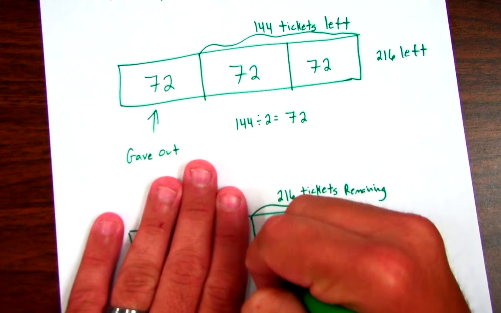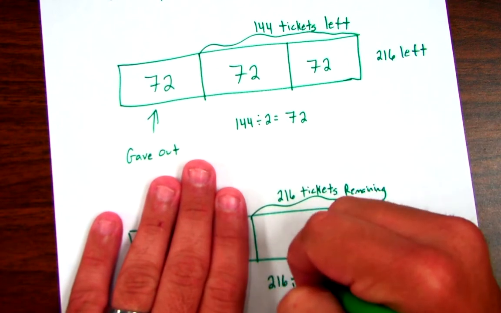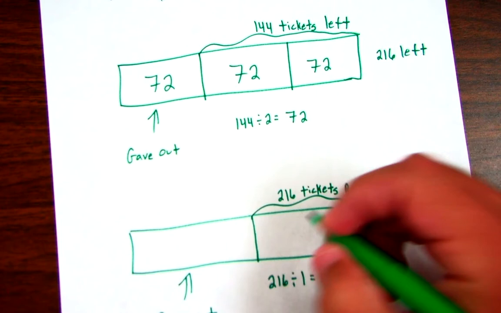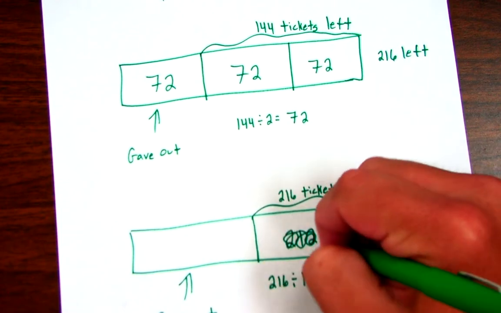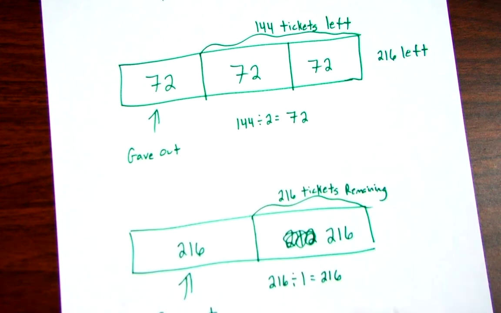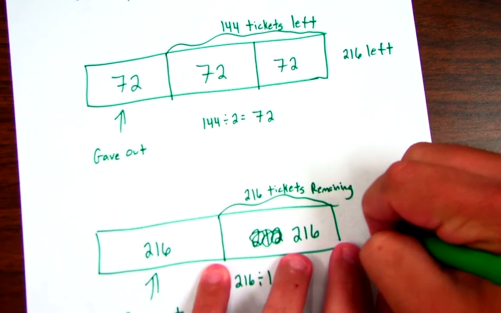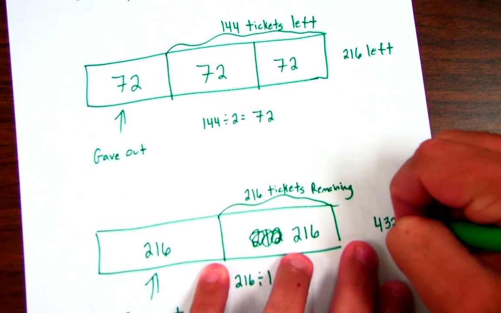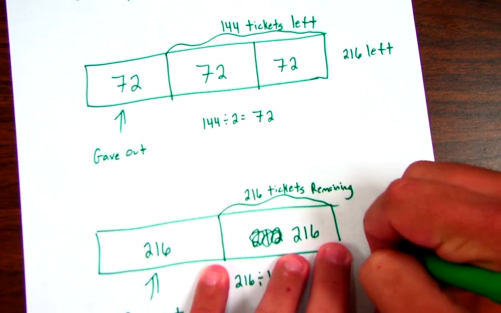Well, 216 divided by 1 is just 216. Well, it'd be nice if I could write 216. Well, how many tickets did he have altogether? If you add them all up, he had 432 tickets starting out.